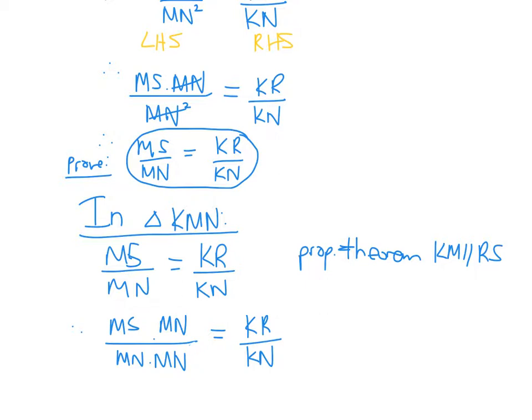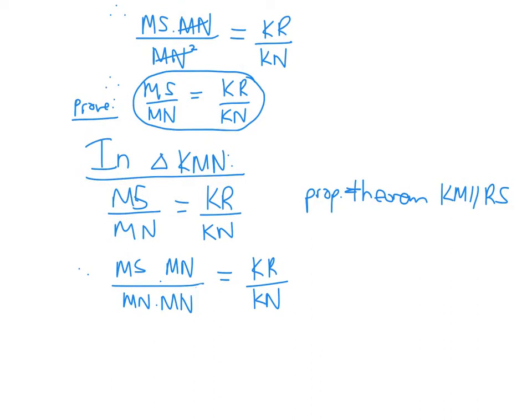That's not squared, I'm thinking of those two that's squared already. And therefore, my MS times MN, I know that this over here is MR squared. So therefore, I can just say MR squared over MN squared is equal to KR over KN. So basically, you can substitute that back into your question at the top. Okay.